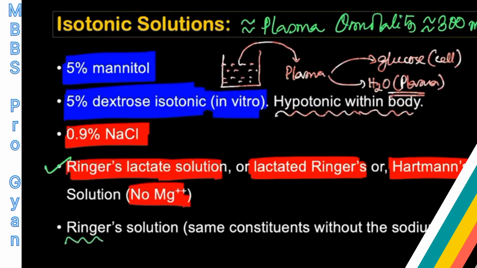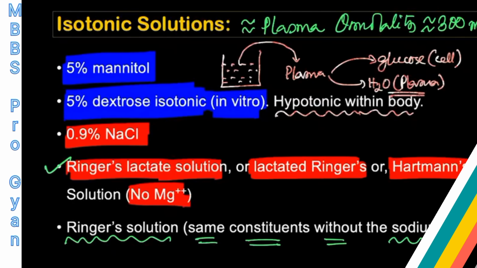There is another solution which is known as Ringer's solution. So here the word lactate is not used. It is not lactated Ringer's or Ringer's lactate. No, it is only Ringer's solution without lactate. So this Ringer's solution, the composition is the same as Ringer's lactate, except it does not contain sodium lactate.